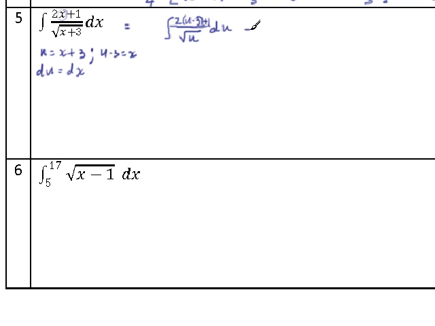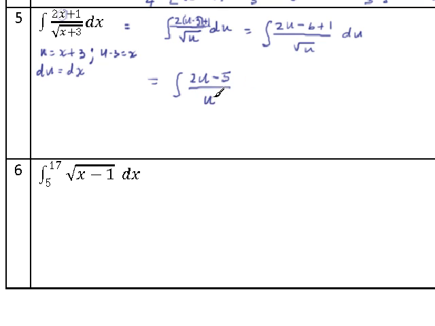All right, let's simplify that numerator. That's 2u minus 6 plus 1 over square root u. All right, so we have 2u minus 5 divided by square root u.